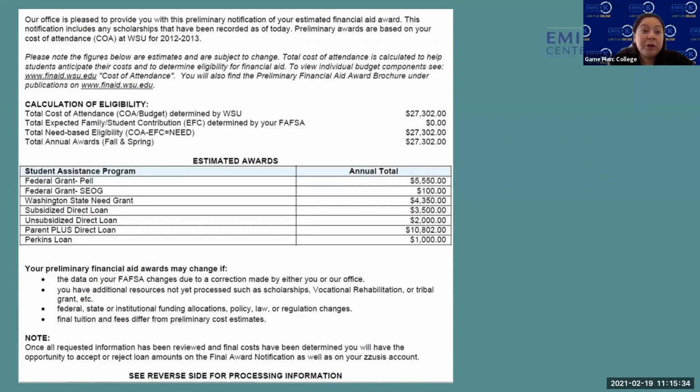So I want to hear from you all in the chat. Is this a school that you think would be a good financial fit for you based on this financial aid that they are offering you? Now remember, I need the most amount of money. My expected family contribution is 0. So I want to hear from you all in the chat.